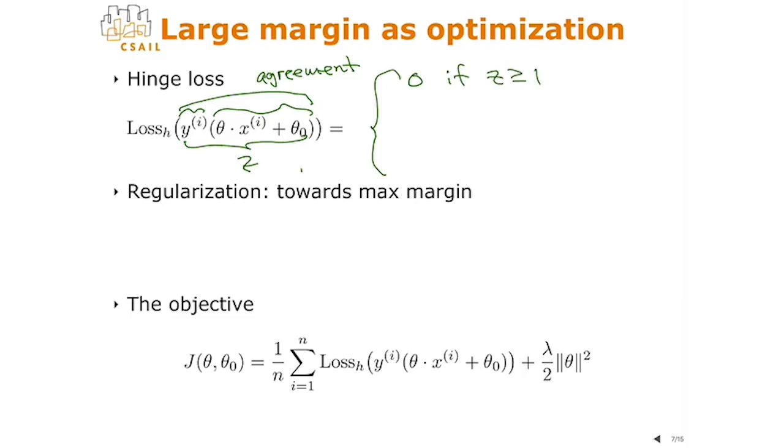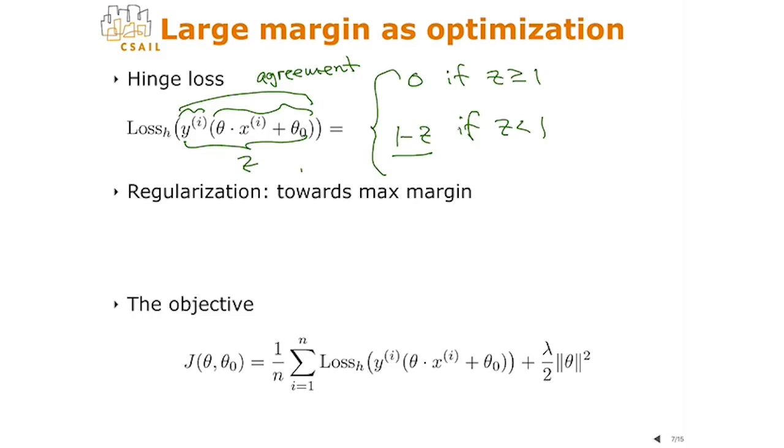And then start penalizing, giving loss values for any example that penetrates into the margin boundaries. For hinge loss, this penalty is 1 minus z if z here is less than 1. So this will be a positive value that increases as z decreases, as the agreement decreases below 1.